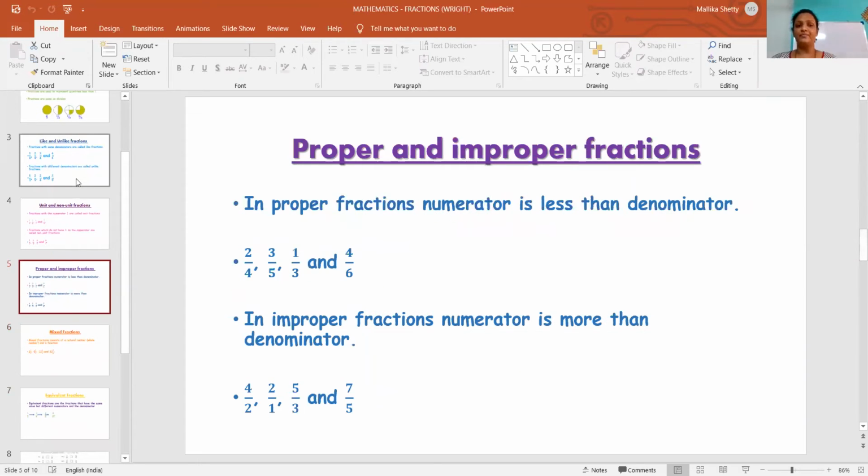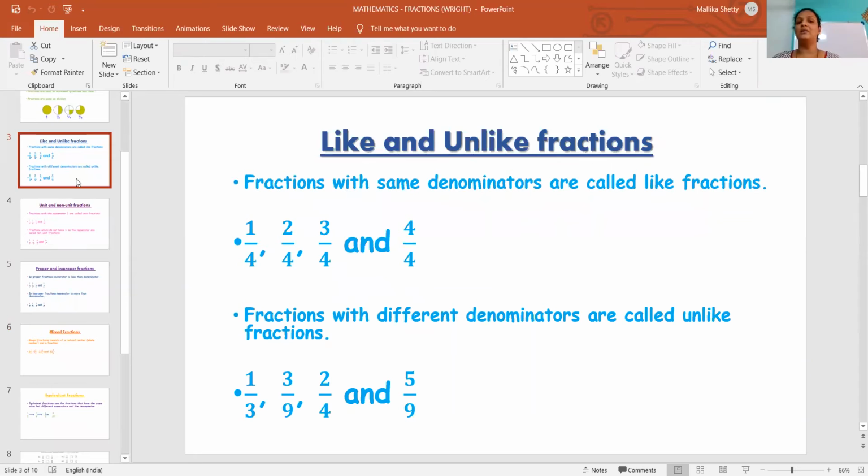What are like fractions? Like fractions are the fractions which have same denominators. For example, 1 by 4, 2 by 4, 3 by 4, and 4 by 4. These all have same denominators. Therefore, they are known as like fractions. Next, fractions with different denominators are called unlike fractions.